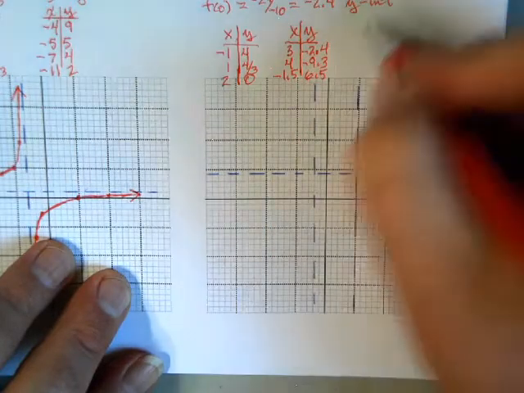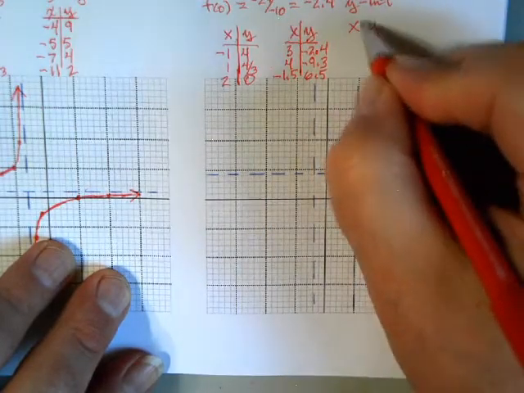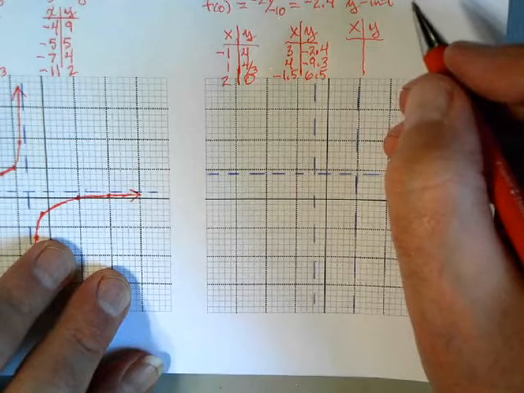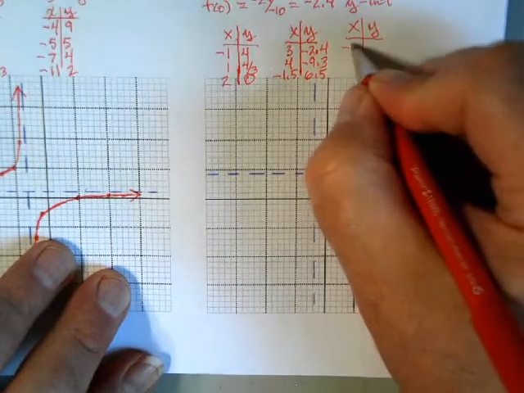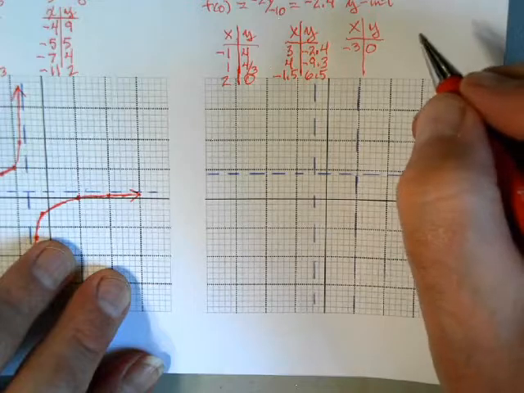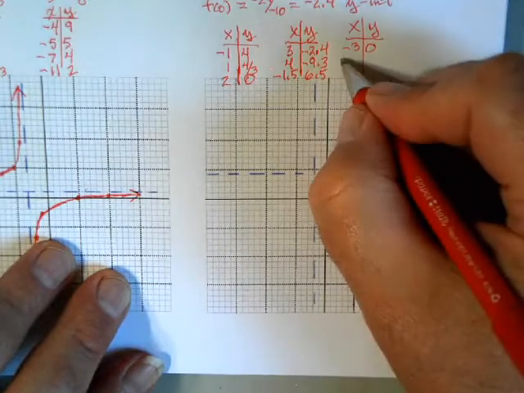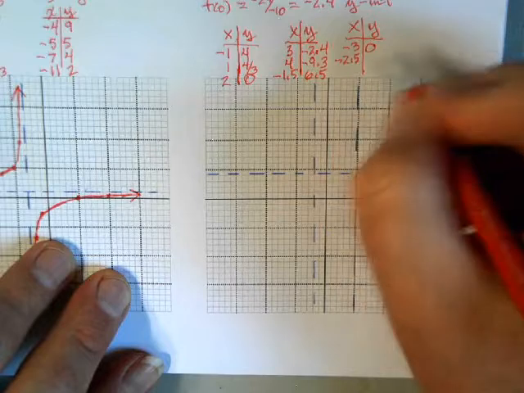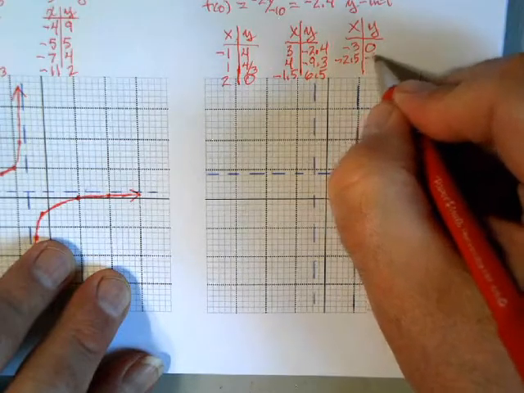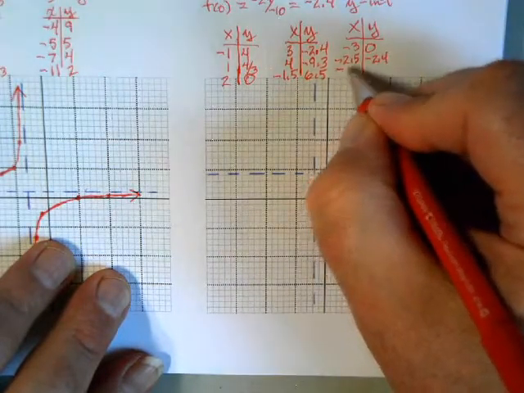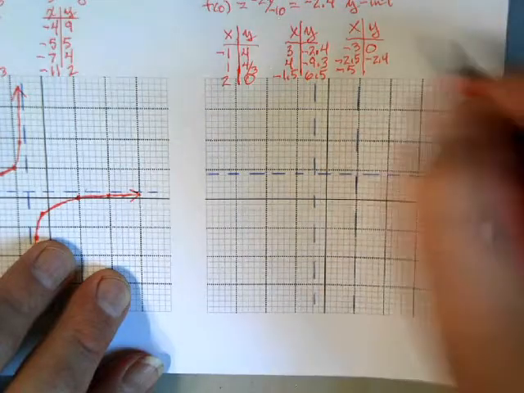Let's see. Negative 3 is 0. Negative 2.5 is negative 2.4. 5 is 1.9. Obviously, I'm doing a little bit of rounding here. Negative 10 is 2.8.